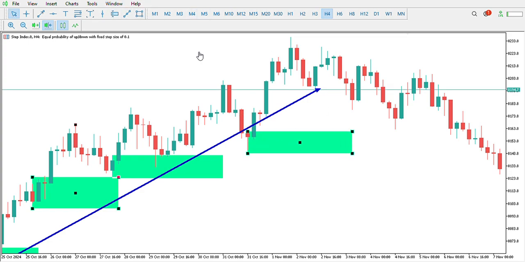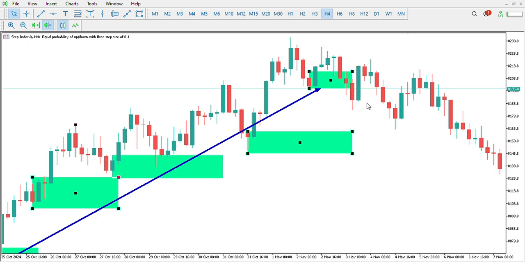Another point is here. Another point is here. Let me pick here. So how do you see here? This market did what? It came and it broke this law with a wick.